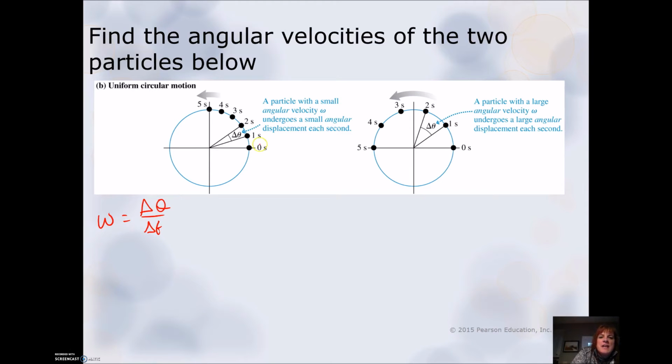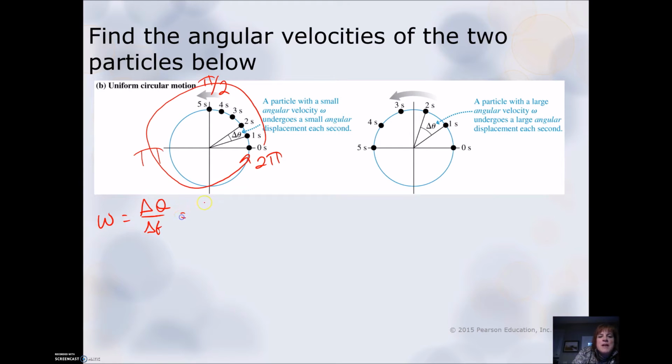Now, in this case, if you remember that a whole circle is 2 pi radians, that means a half a circle is pi, which means that if I go 90 degrees, or a quarter of a circle, I'm at pi over 2.